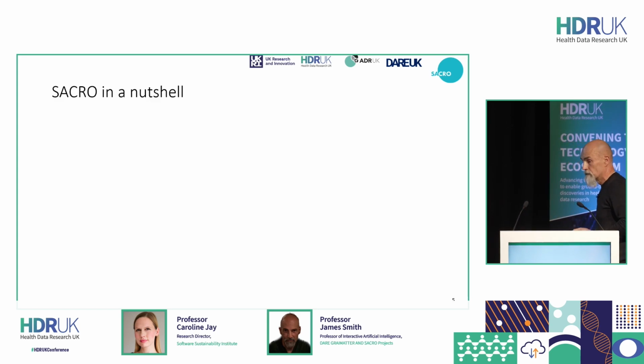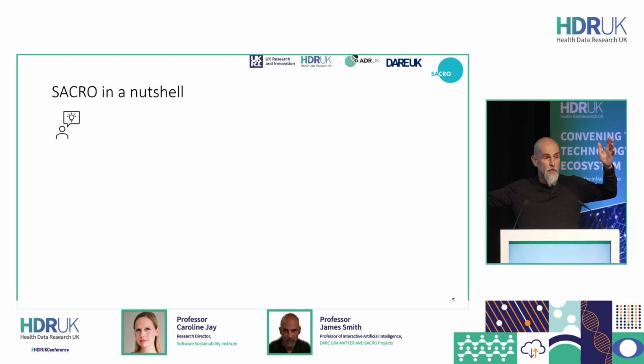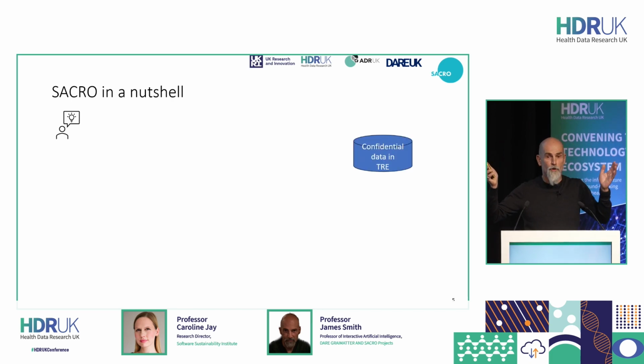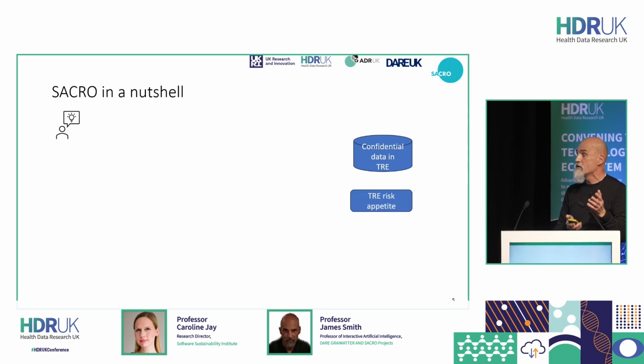So, SACRO in a nutshell, just to give you an overview of how it works. Your researcher has their brilliant idea that they want to do, and let's pretend it doesn't take months. Seconds later, the confidential data is made available for them inside the TRE. What's different is that the TRE at that stage specifies their risk appetite in a common machine-readable format, doing that obviously with federation in mind.